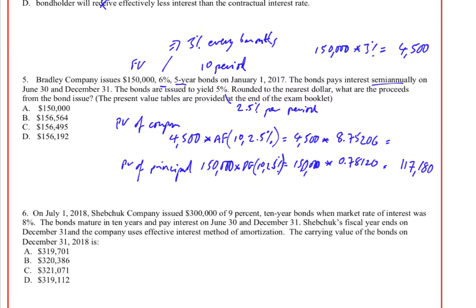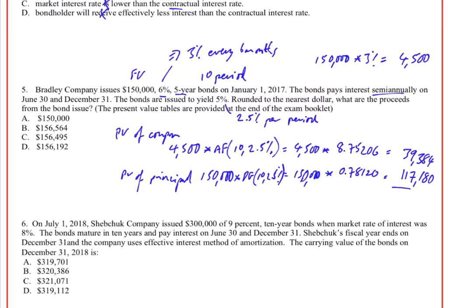The present value of the coupon is 39,384, and obviously we're only using tables accurate to 5 decimal places. If we add together the present value of the coupon payments plus the present value of the principal, that comes to 156,564. And so the answer is B.